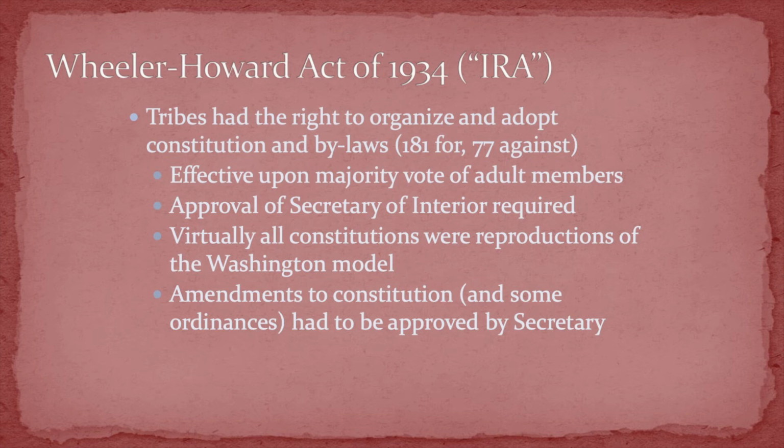The tribes actually voted on this, so there was some tribal consultation. At the time, the tribes had the right to organize and adopt the Constitution and bylaws for their particular tribe, and that 181 for and the 77 against was actually in Congress. So tribes could opt into this.